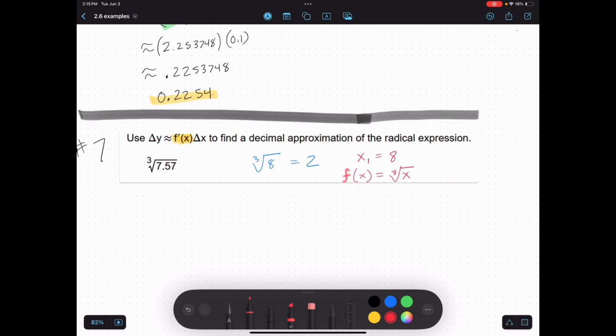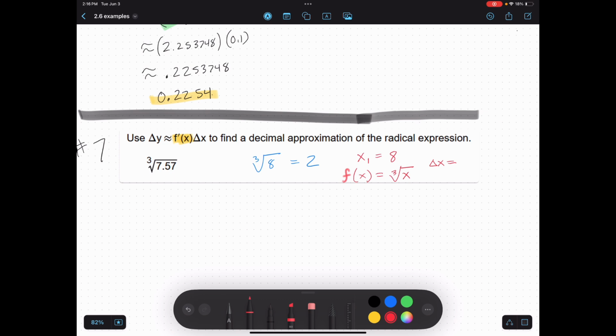But I'm trying to approximate 7.57, which is not 8. It's close to 8, but it's not 8, leading to my third piece of information that we can find. What is delta x? How much did I tweak my x value for this approximation? How much am I changing the x value?